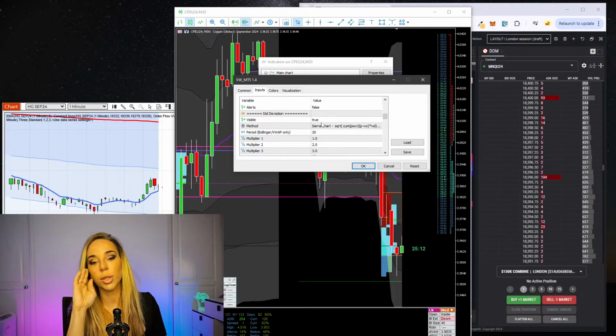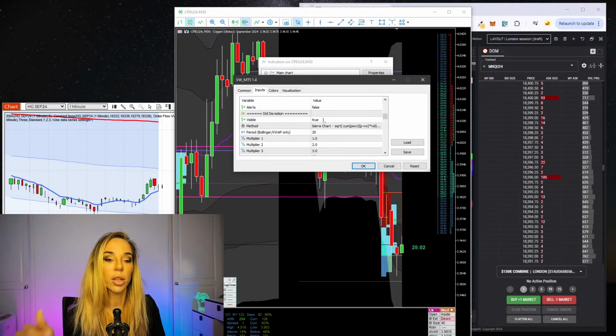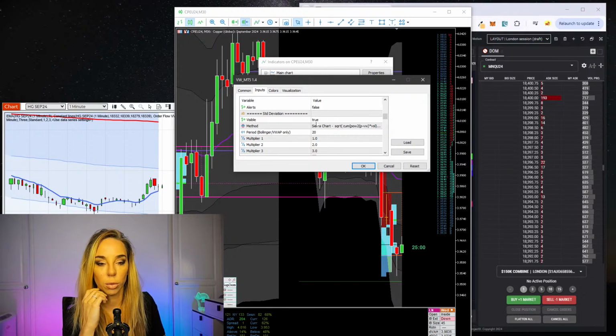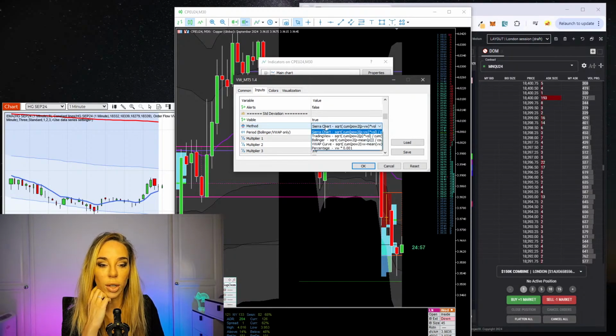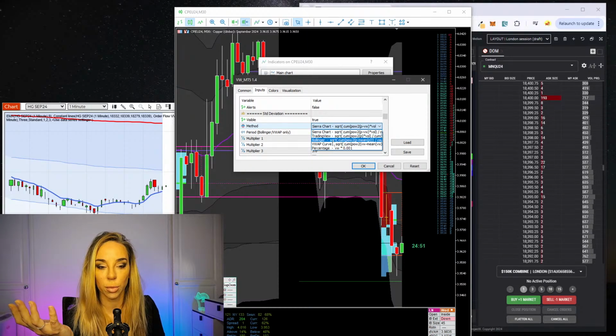I don't use the simple Bollinger Band for my standard deviation bands. If I am going to use it for mean reversions and such, I like to use the standard deviation that's based on VWAP. That tends to work really well for me. But if you look here, we have different ways of calculating the standard deviation bands.